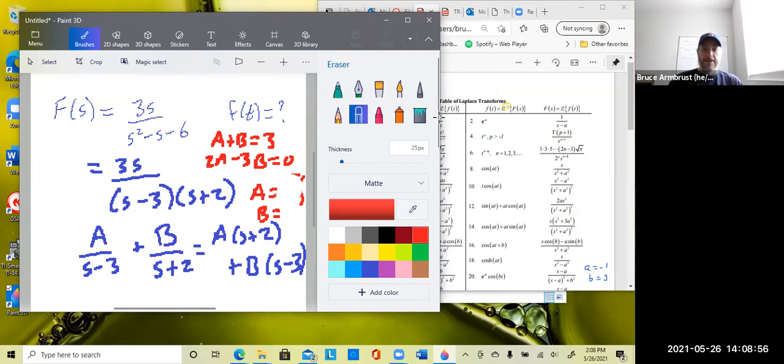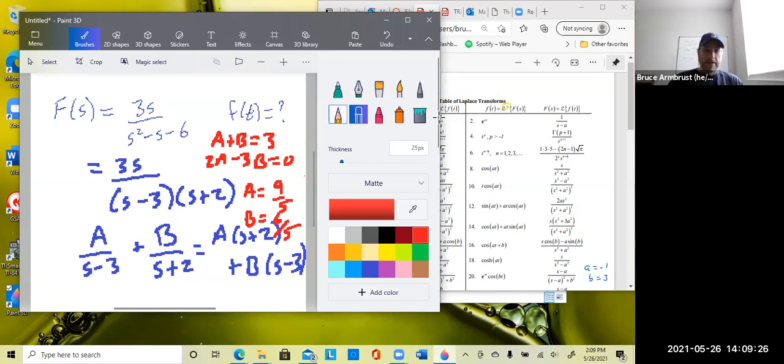Gosh darn it. We'll eventually get there. A equals 9/5. That's better. And so then b is equal to 6/5. Okay, so if you solve this system, you get a equals 9/5 and b equals 6/5.